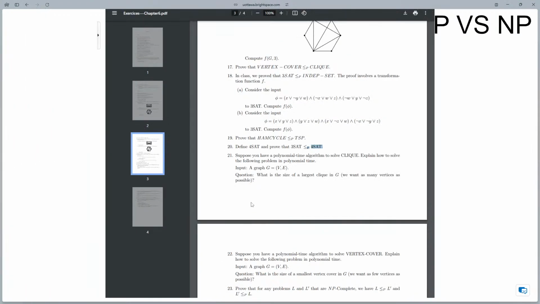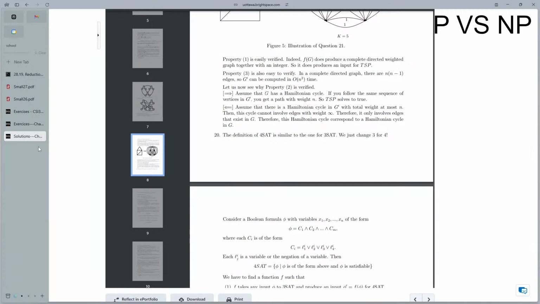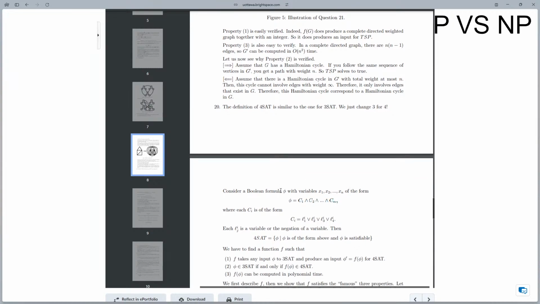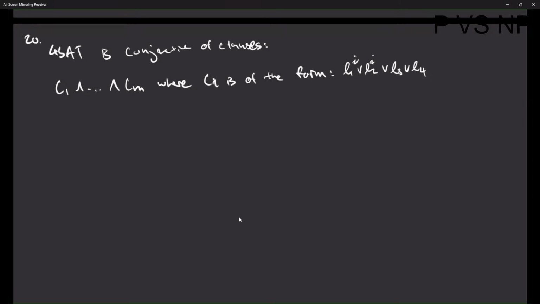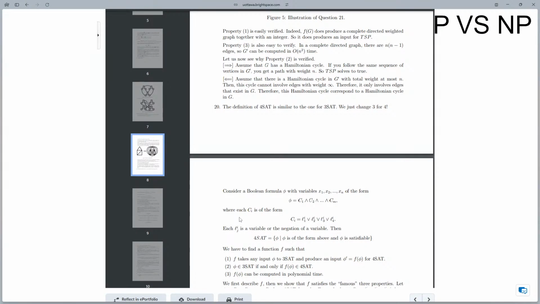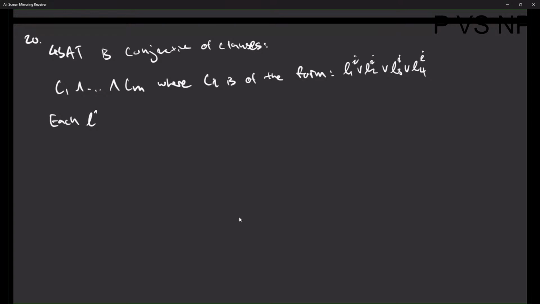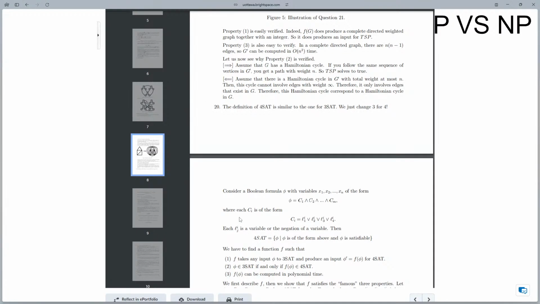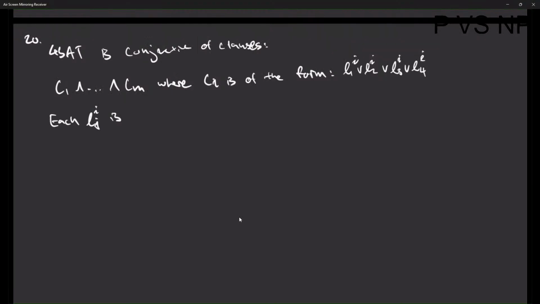So this is the definition of 4-SAT. We actually do need to add an i here because there are four literals, and each literal i j is a variable or the negation of a variable.